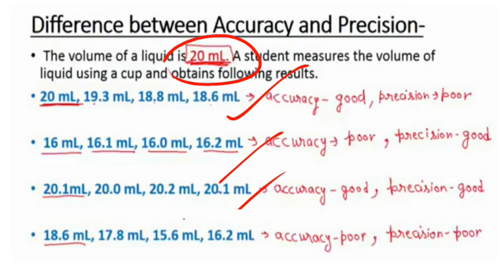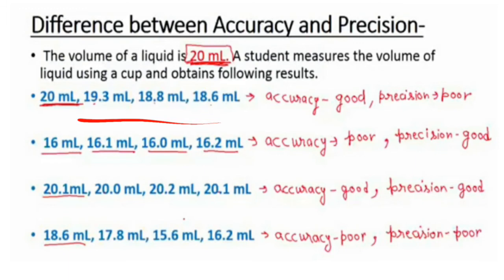Comparing the measured values, first take the first set. The 4 trials are 20 ml, 19.3 ml, 18.8 ml and 18.6 ml. Comparing to the true value, they are almost near to 20 ml, so accuracy is good. Accuracy means how close the measured value is to the true value.